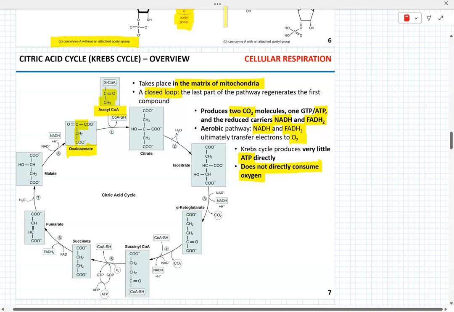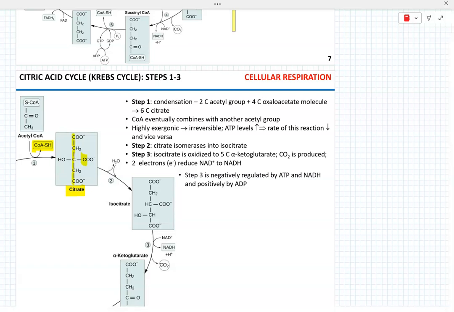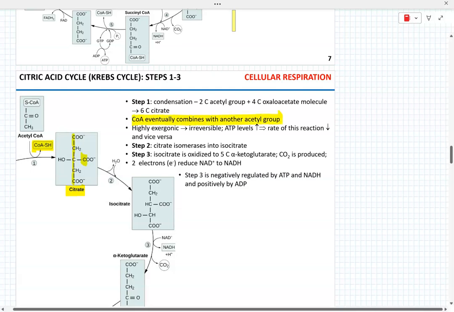The 2 carbons of acetyl-CoA and 4 carbons of oxaloacetate in the first step of Krebs cycle generate a 6-carbon citrate molecule and release coenzyme A. Coenzyme A will eventually combine with another acetyl group and bring it to yet another spin of the Krebs cycle.